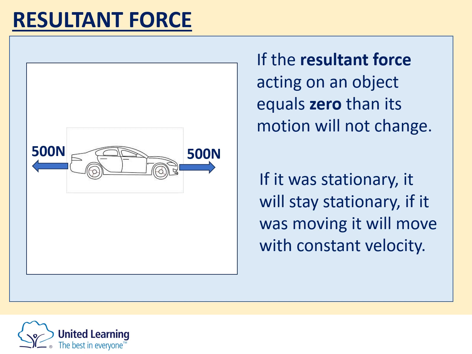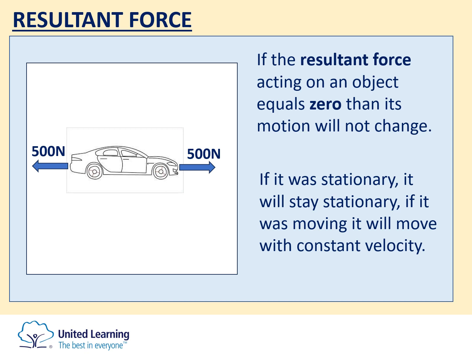Now, the resultant force is important when it comes to the motion of the object. If we take a look at the car here, it's got two forces acting on it that are equal, and so the resultant force acting is 0. And when the resultant force is 0, it means the motion of the object will not change. So if this car was stationary, it would stay stationary.